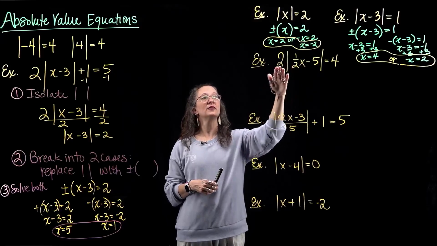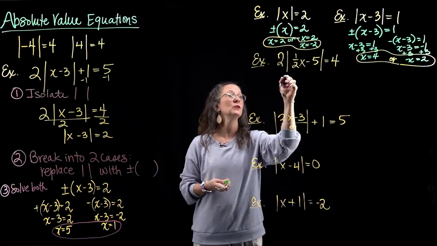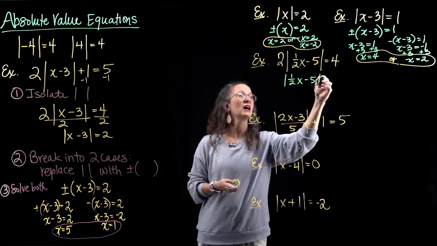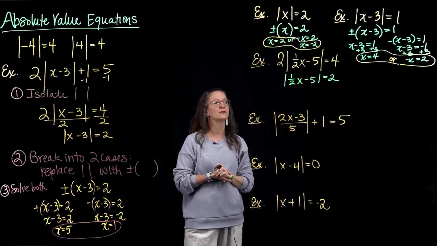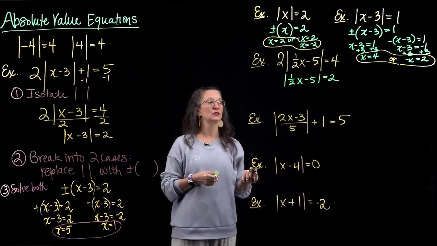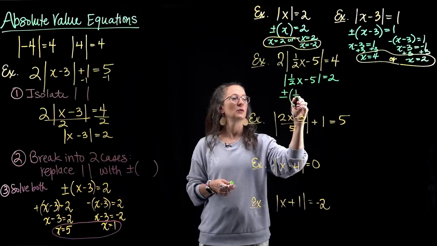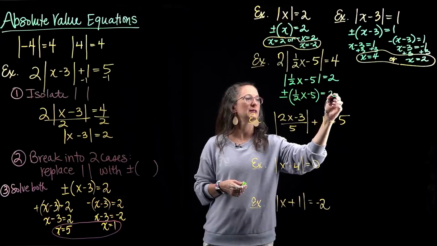All right, so first thing, we're going to isolate that absolute value. It's not by itself because it's multiplied by 2, so we'll divide both sides by 2. And I get absolute value of 1/2 x minus 5 is equal to 2. Now we're going to break it into two cases, so I'll write it as plus and minus parentheses, 1/2 x minus 5, close parentheses, is equal to 2.